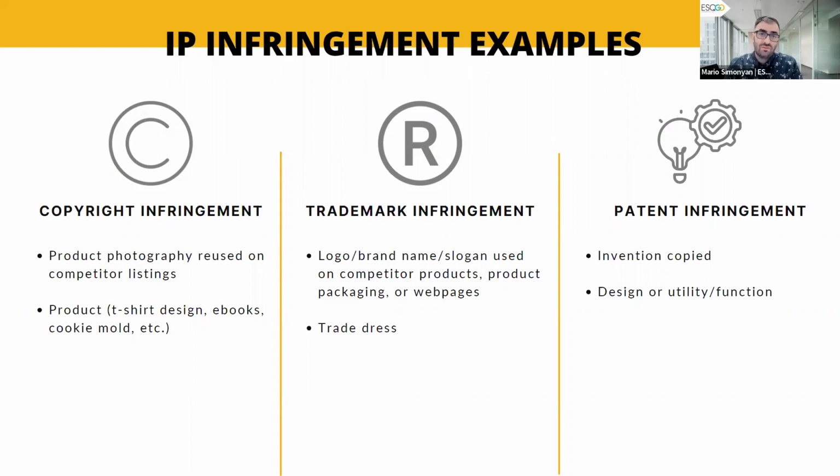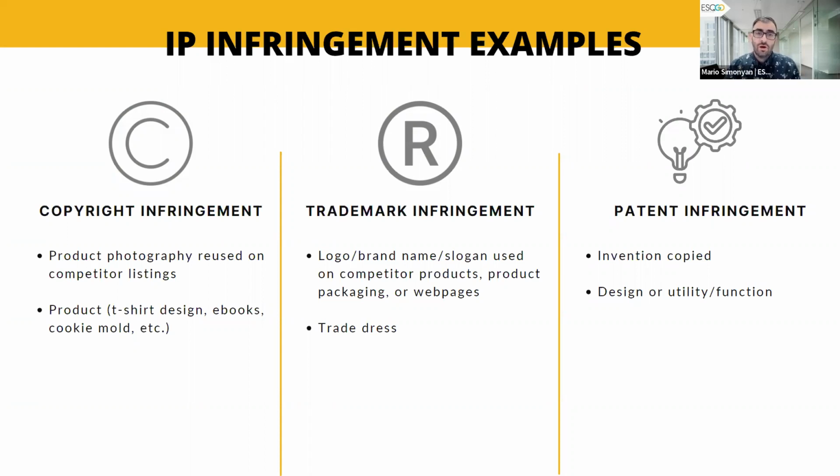If you've spent a lot of time creating an ebook that you're selling with your product or by itself, and now competitors are stealing that and using it for their own benefit, that's also copyright infringement. Or it could be something like a cookie mold, which our client has created. It's a cookie mold in the shape of a marijuana leaf, and it was so successful that he had a lot of infringers.